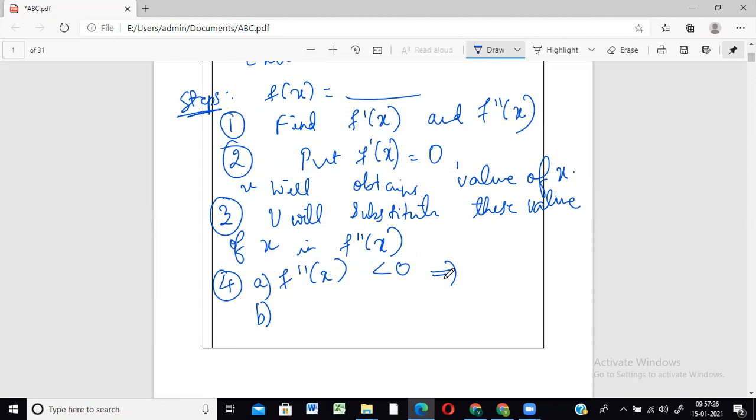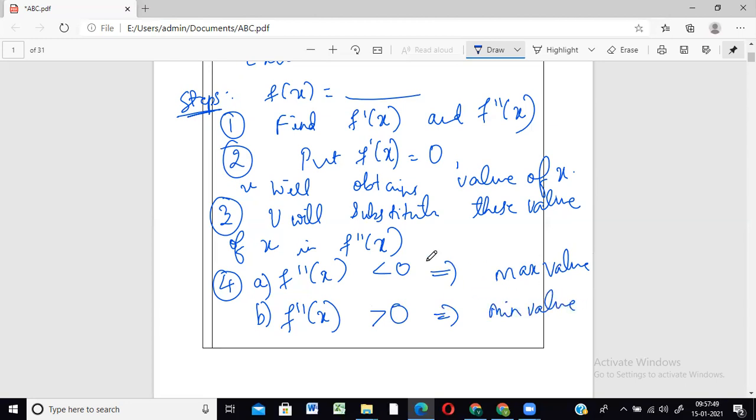We always have a habit of saying less than 0 means minimum, greater than 0 means maximum, but here it is actually opposite. If it is less than 0, then the function attains maximum value at that particular point. And as I said, it is opposite: if it is greater than 0, then the function attains minimum value at that particular point.